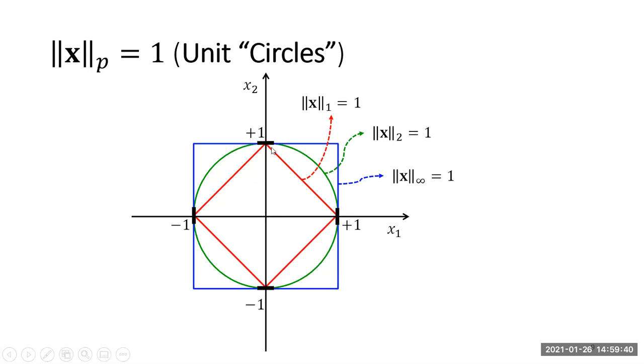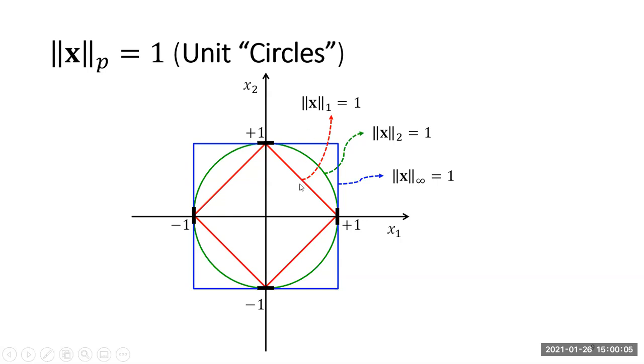Excuse me, this was 0, 1, this is 1, 0. 1, 0 is a horizontal line from 0 to here, and 1 plus 0, the L1 norm is 1. Consider x1 equals 0.5, x2 equals 0.5. What's the L1 norm? 0.5 plus 0.5, right?